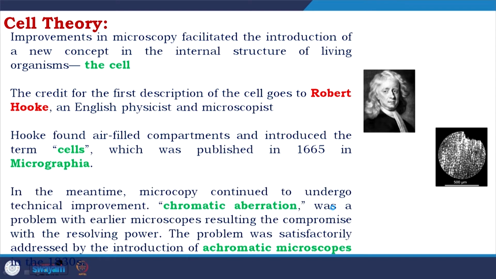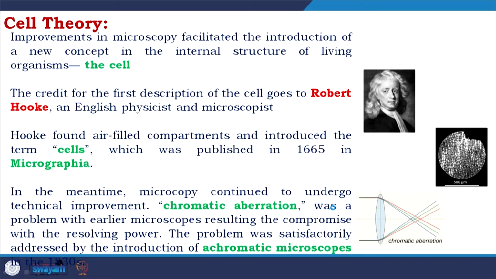In the meantime, microscopy continued to undergo technical improvement. Chromatic aberration was something which created problems with earlier microscopes, and that resulted in the compromise of the resolution or resolving power. The problem was satisfactorily addressed by the introduction of achromatic microscopes.